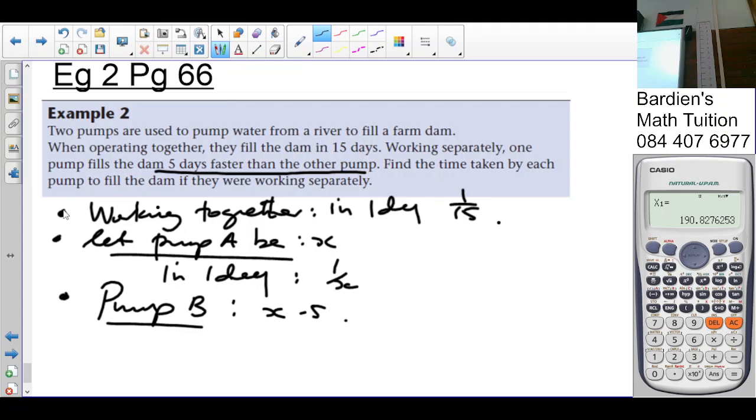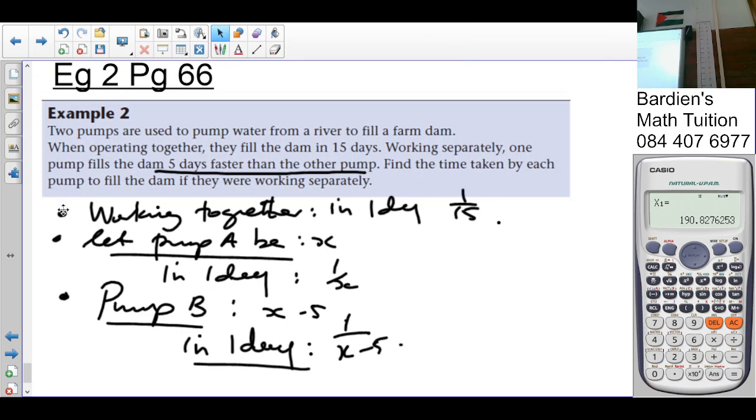Because it takes 5 days less. So if it takes pump A 10 days, it will take pump B 5 days. If it takes pump A 20 days, it will take pump B 15 days. So in one day, how much of the dam does pump B fill? 1 over X minus 5.